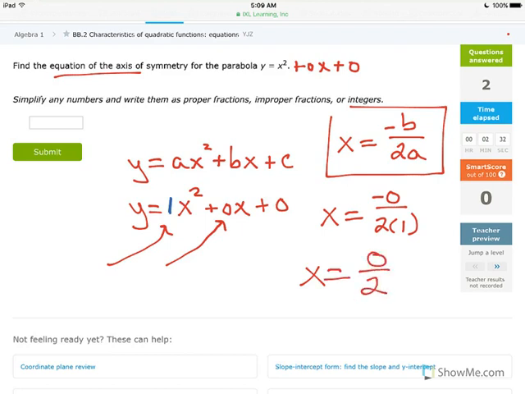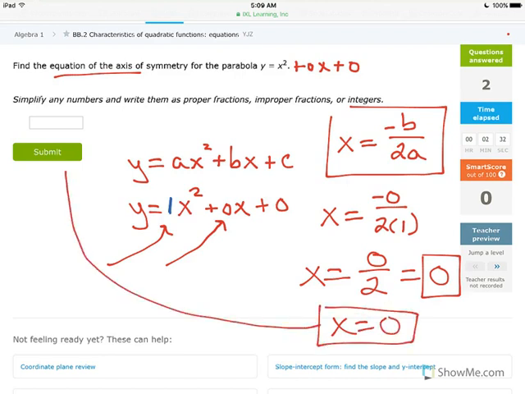And 0 divided by 2, 0 divided by any number is always 0. And that's going to be your equation. So x equals 0. And don't forget to type that in as an actual equation into the answer box. So you need to have the x equals 0 to get credit for that.